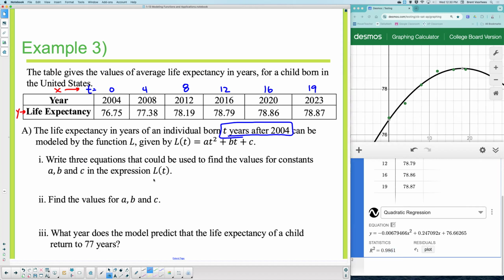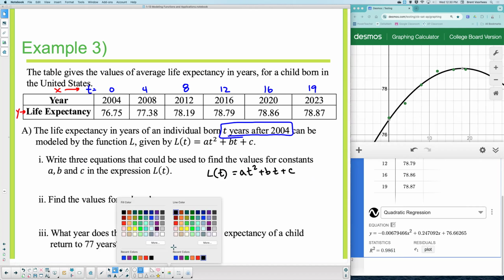Let's fill it in. First, we have to write 3 equations. So the equation they gave us is L of t equals AT squared plus BT plus C. So our first point, you don't actually use the calculator, you just plug in. Are y'all okay if I just use the first 3 points? Okay, I'm going to select these first 3 points.